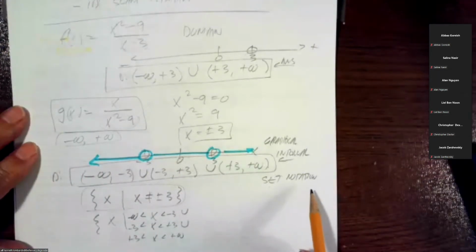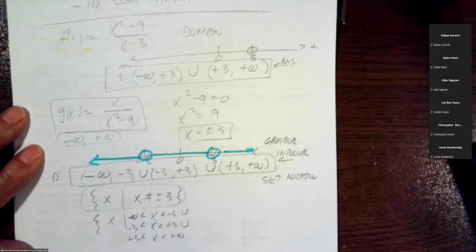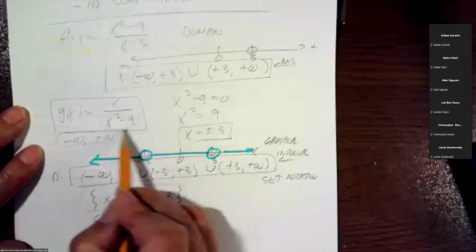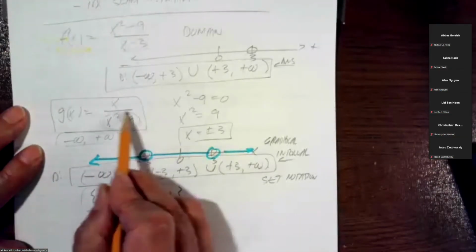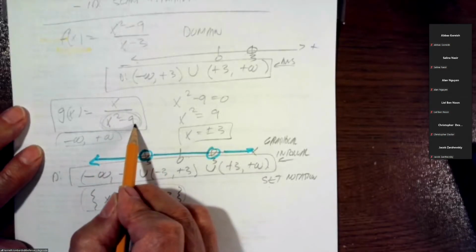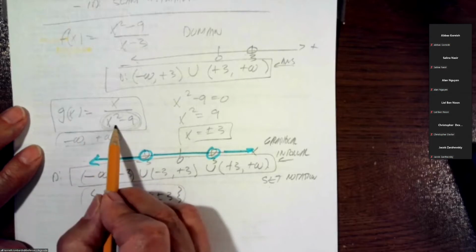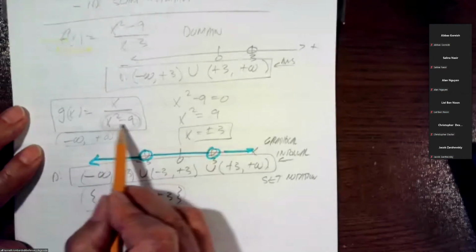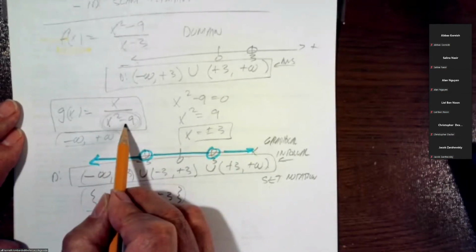We'd say, well, let's see, it can be any of those values except where x causes this denominator to go to 0. If this denominator goes to 0, we can't allow that, because that says this function goes to infinity, which means we can't reach infinity. That's not a number, which says we are not allowed to divide by 0.